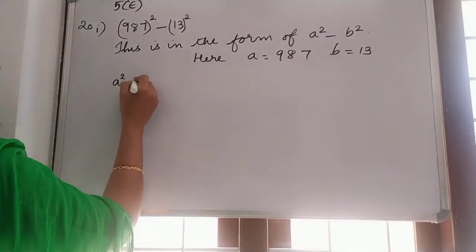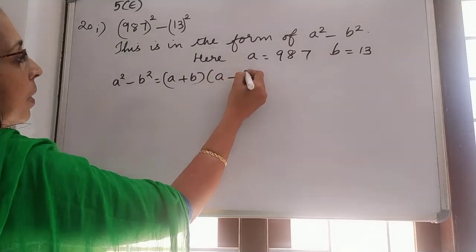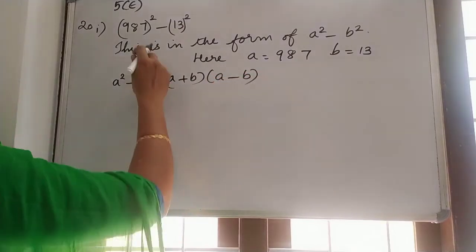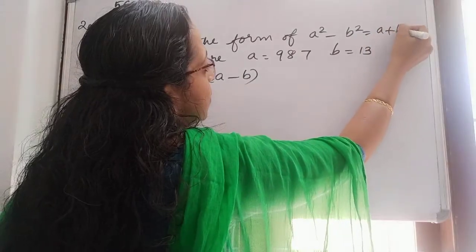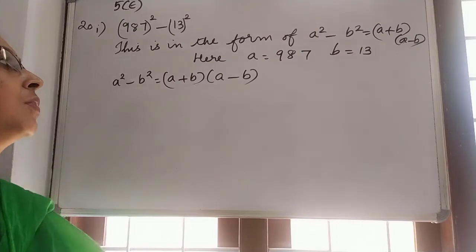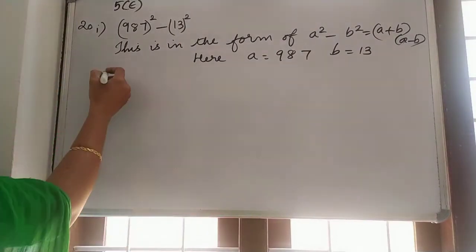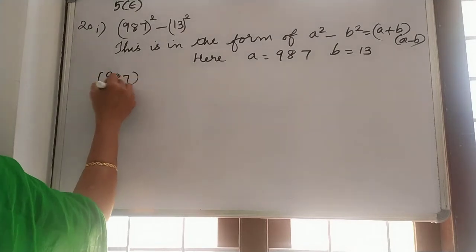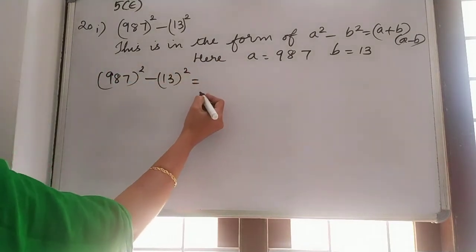So a square minus b square is equal to a plus b into a minus b. Here itself you write, no problem. Instead of writing here, write there itself. Then write the question. 987 square minus 13 square is equal to a plus b into a minus b.